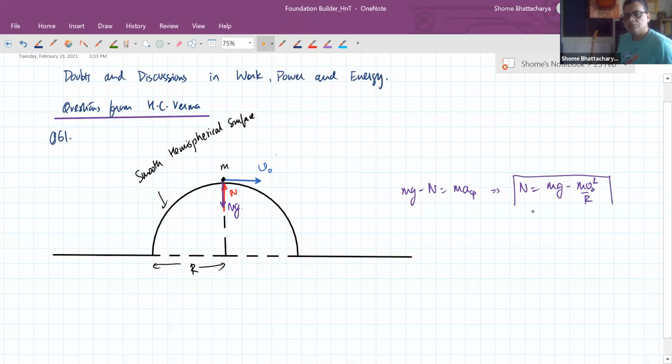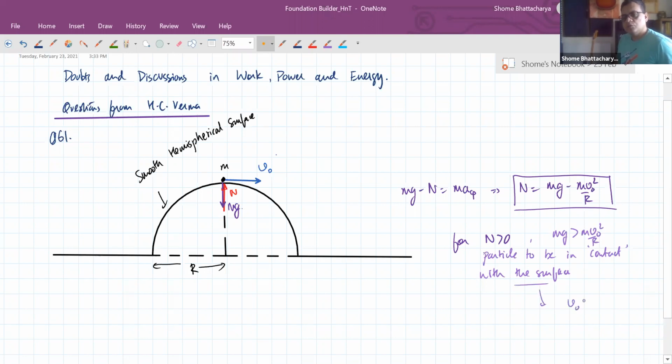So as you can see from this equation, for n to be greater than 0, that means the particle to be in contact with the surface, mg should be greater than mv naught square by r, or v naught should be less than root gr.